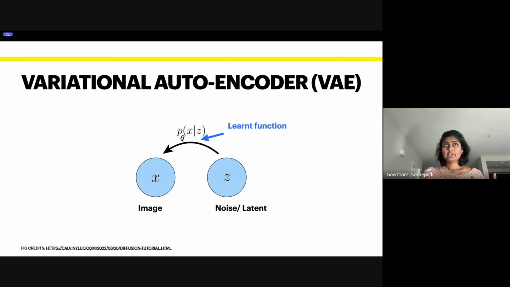Then we want to learn a probability distribution p theta, usually a neural network, such that once you pass this latent variable to this function, the output is an image or whatever data you are trying to model. So we want to learn a function which can take an input from a known noise distribution and produce a realistic looking image.